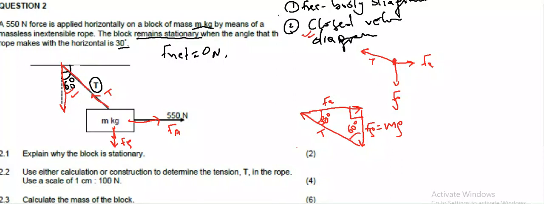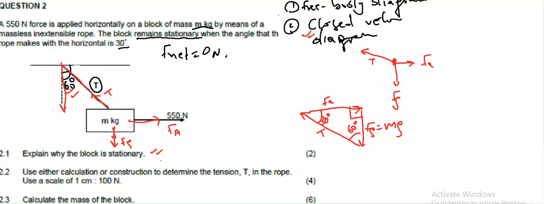Now we can go to answer the questions. The first question says, explain why the block is stationary. The block is stationary because the net force is equal to 0. The net force or the resultant force acting on the block is equal to 0.